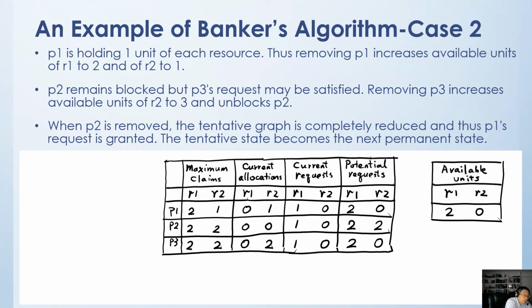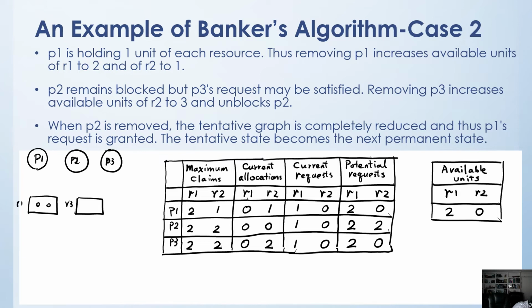So we actually move the whole resource claim graph to the next state. So here's the one we can actually move to. So we have P1, P2, P3. Then we have resource 1 and resource 2.